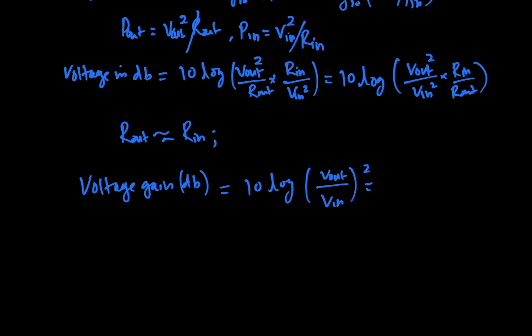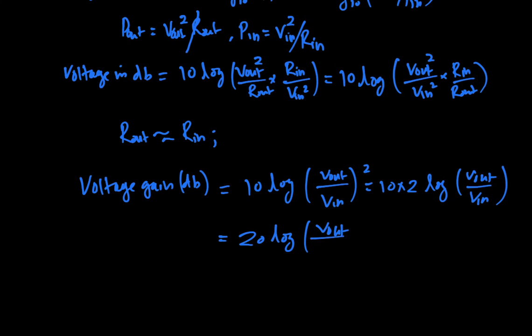This will be equal to 10 into 2 into log V out by V in, which is equal to 20 log V out by V in. The ratio of the output voltage to input voltage is called the ordinary voltage gain, simply the voltage gain. So the voltage gain in decibel is given by 20 log AV. So this is the expression for the voltage gain in decibel.